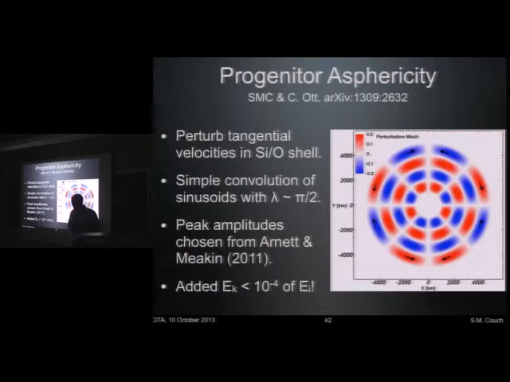There are simulations, particularly from Dave Arnett and Casey Meakin, which show that in the late stages of stellar evolution, the convection in these massive stars is very violent and very strong, particularly from oxygen burning and later silicon shell burning. And these can leave a huge imprint in both the velocity structure as well as the density and temperature structure of these progenitor stars that eventually create core collapse supernova models.